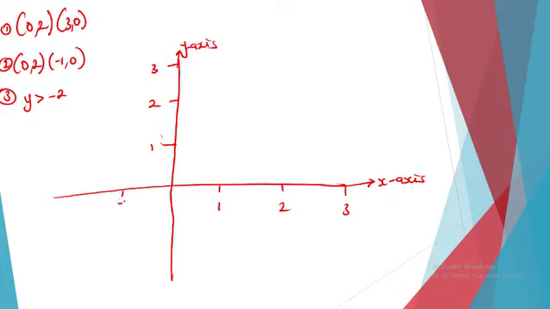This is minus 1, minus 2, minus 1, minus 2. Okay, and this is 0. So let us start with the first one. When x is 0, y is 2, and then when y is 0, x is 3. x is 3. This is the point. So we have this.